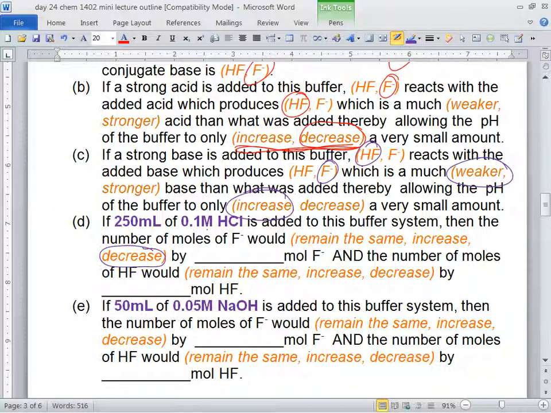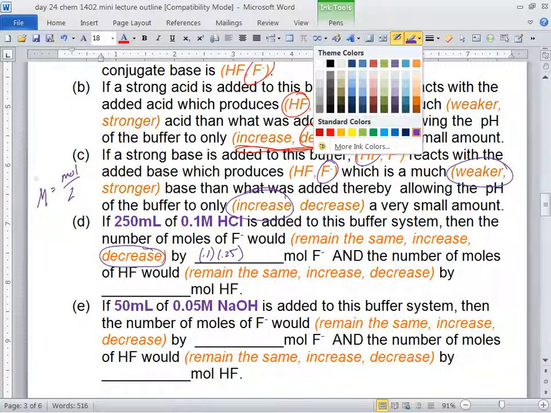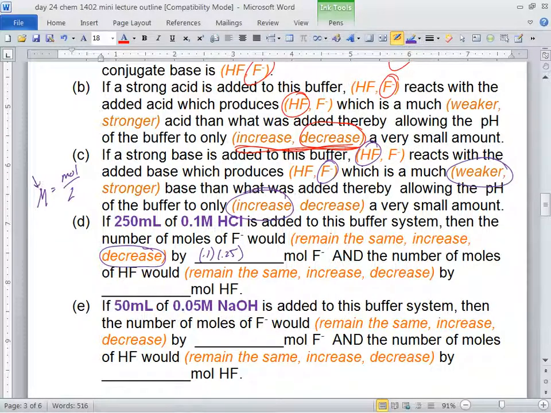If you can see it, it's just going to be 0.1 times 0.25. But if you don't see that, you should probably set up the big M equation. The big M is the 0.1. The liters is the 0.25. So to get the moles, you end up multiplying just like Kenneth said, the 0.1 times 0.25. Okay, so that's going to decrease by that number of moles.